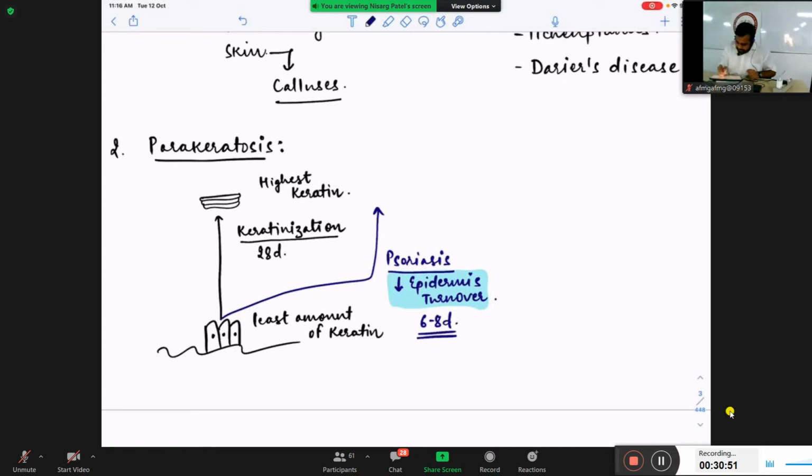So what happens when these cells reach the uppermost layer? I will see that some of the cells are retaining their nucleus. The reason they retain the nucleus is that the cell comes too early onto the surface.